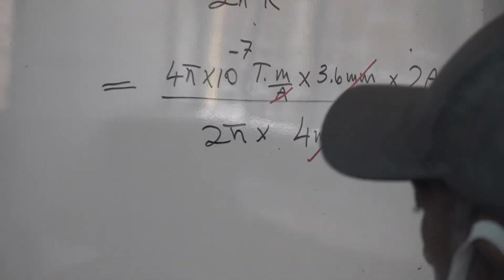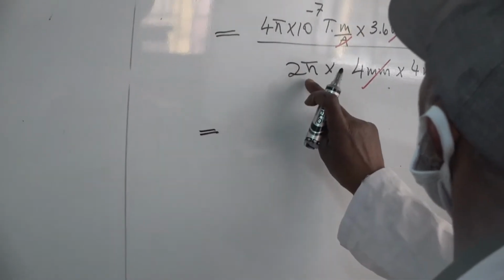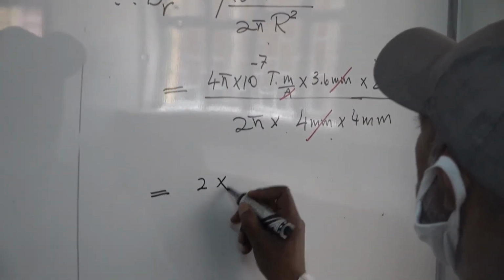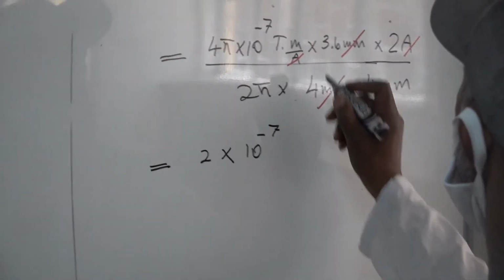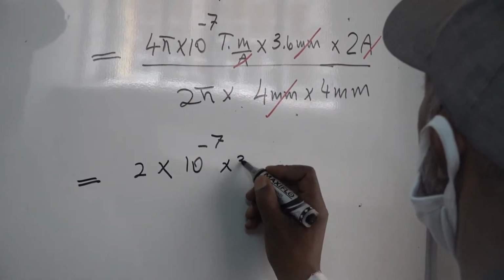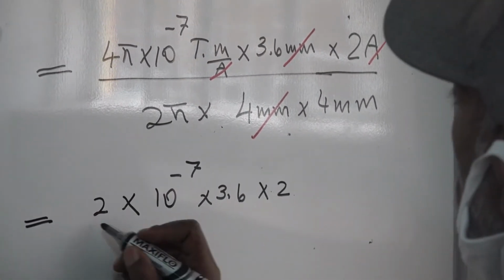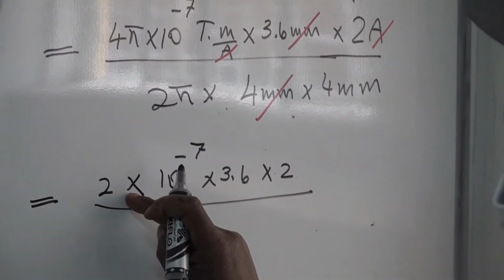So, how do you do it? It's very simple. Let's do two things at a time. 2 pi cancels 4 pi, you get 2 times 10 to the power of minus 7 and times 3.6 times 2 divided by, remember 2 pi cancels 4 pi and we have only 2.